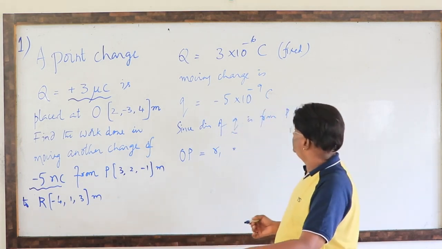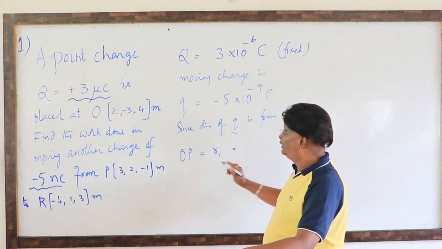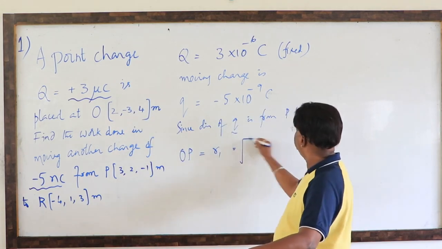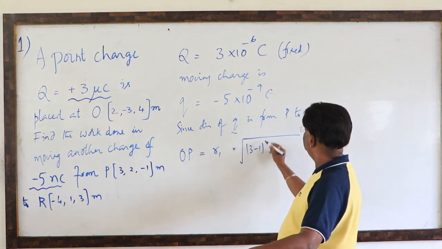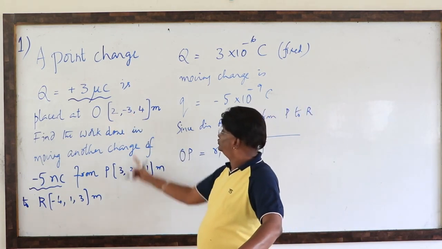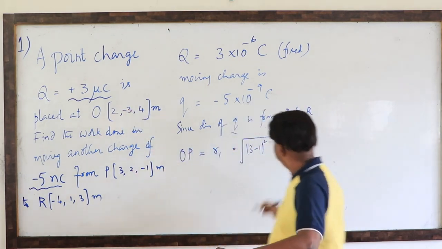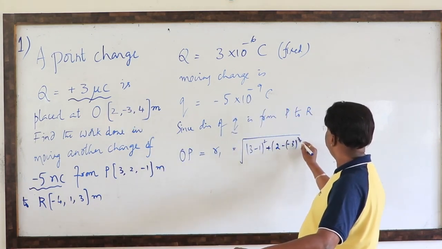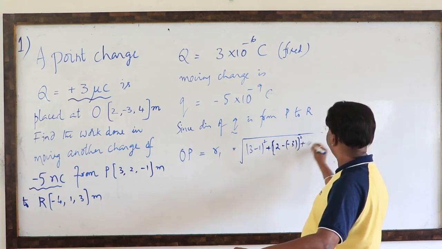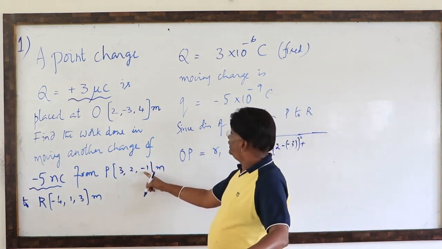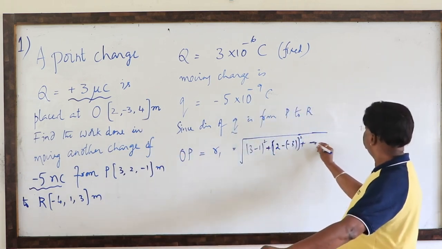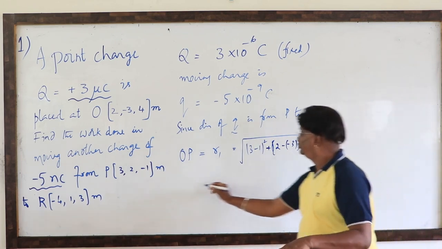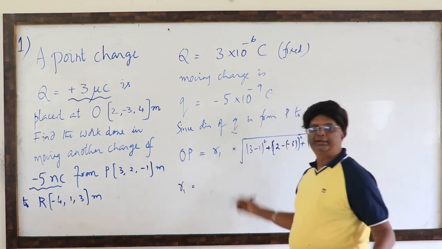So accordingly, where it is moved from O, and this is P I am taking, so OP will give you, under root, (3 minus 1) whole square, then (2 minus of minus 3) whole square, plus (z2 minus z1) whole square. This is (minus 1 minus 4) whole square. This becomes R1.